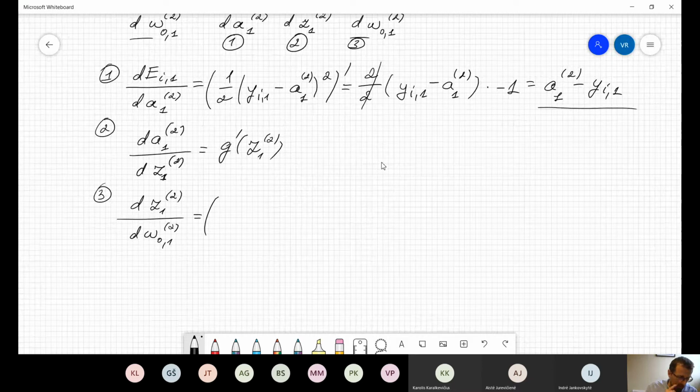So basically, this is a derivative of the sum, j equals 1, so we basically loop over all the activations from the previous layer, right? So this is the index of them.